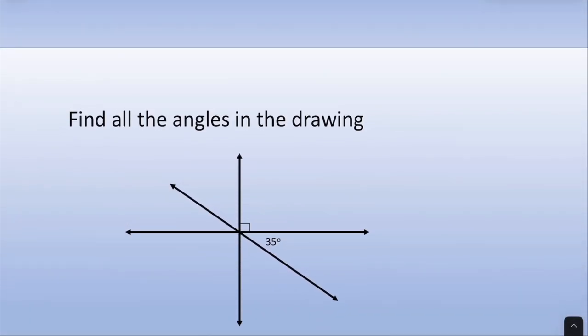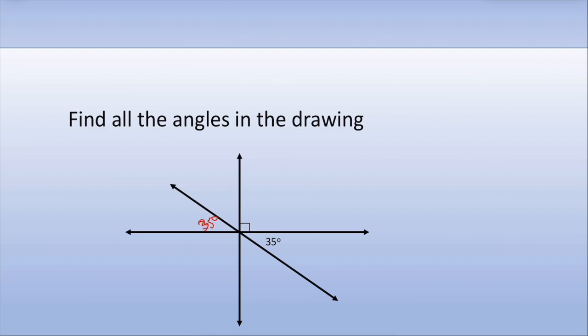Now, in this drawing, we have some markings that are going to help us. If it makes an X, they're called vertical angles. Vertical angles, where you make an X, the top and bottom of the X and the left and right side of the X are always going to be equal. So this is 35. This one has to be 35 as well. So let's mark that. That's something we know pretty nicely.